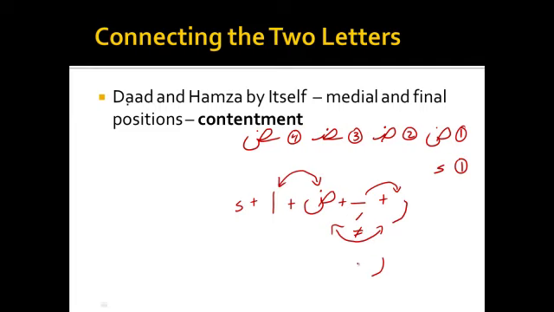So we can write the Daad now in the initial position, and then the alif. So we have here rida, and then the hamza. The hamza here is in the independent position. It doesn't connect to the right or to the left. So we're gonna write it like this. So this is our word here, rida. Circle it so we can see it a bit better. And there we have the Arabic word for contentment.